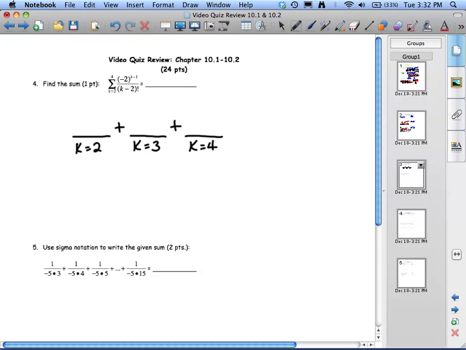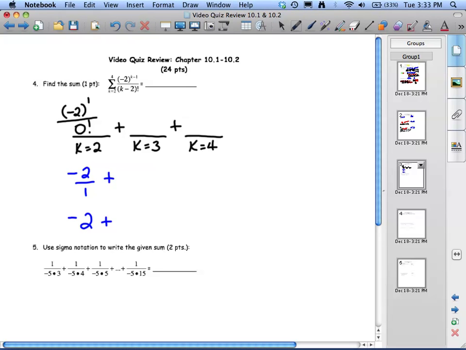So let's look here. If k is 2, negative 2 raised to the 2 minus 1 is 1 over 2 minus 2 factorial, 0 factorial. Let's figure out what that is. Remember that 0 factorial is 1. So this ends up being negative 2 over 1, which is simply negative 2.